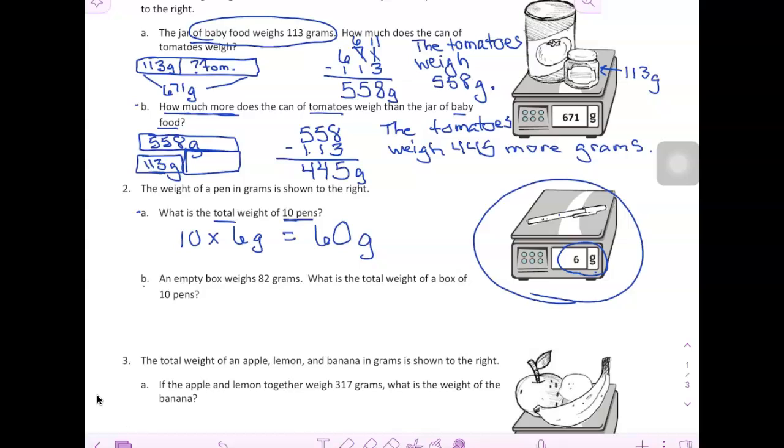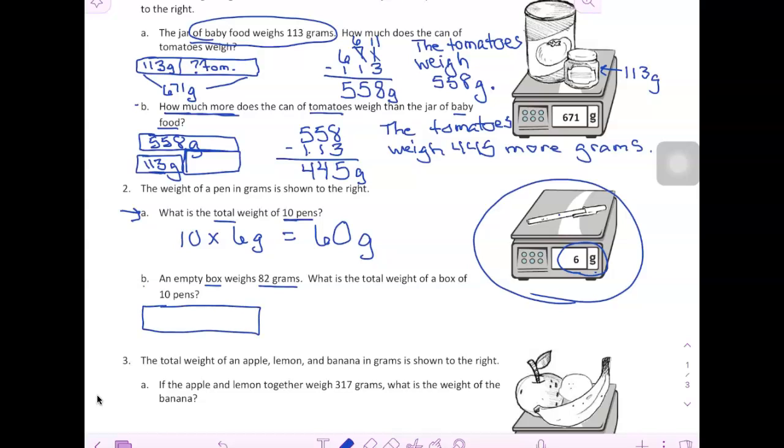Letter B, an empty box weighs 82 grams. What is the total weight of a box of 10 pens? Well, in letter A, we found out the weight of 10 pens. It's 60 grams. Down here, we find out that the box we put them in weighs 82 grams.